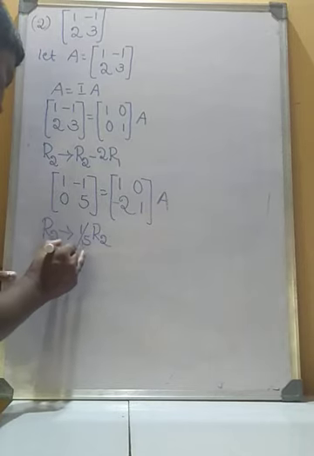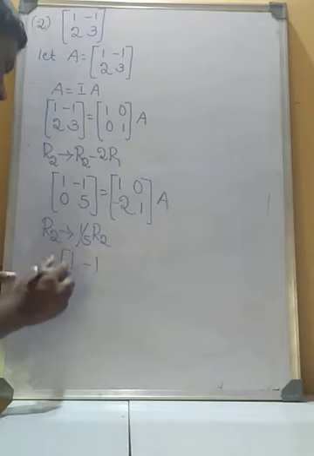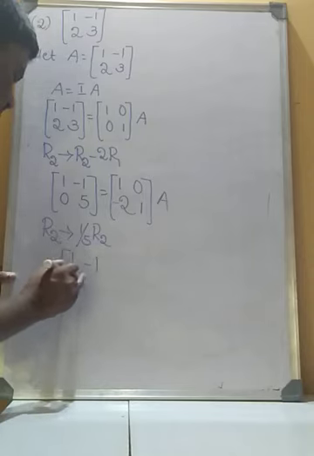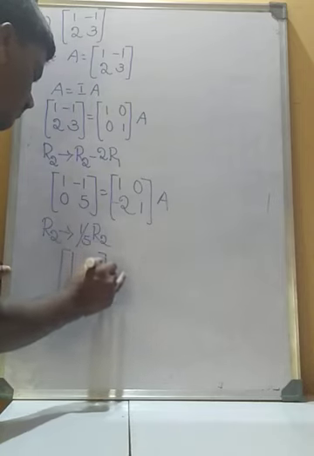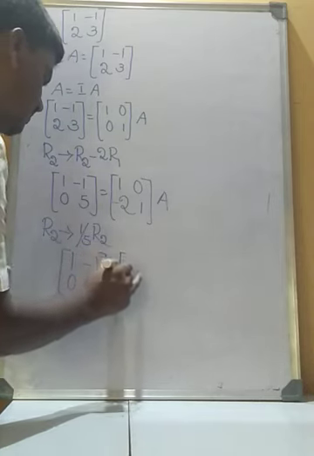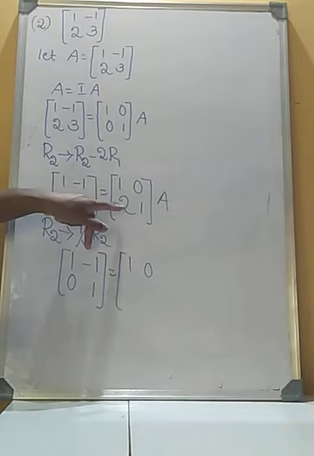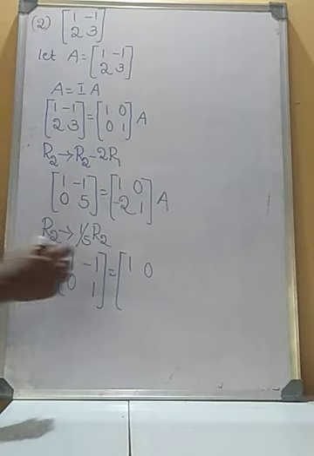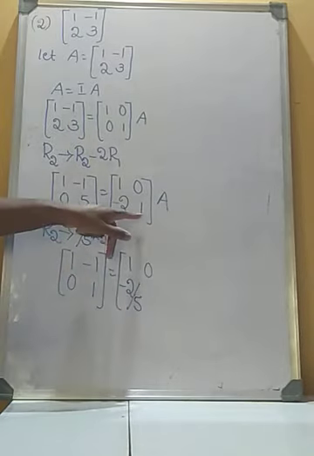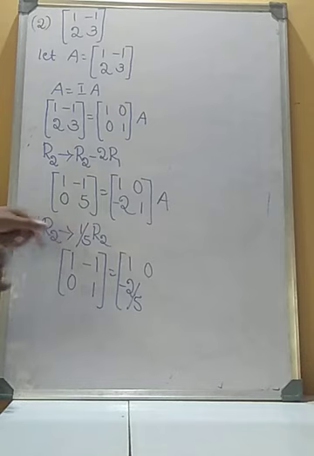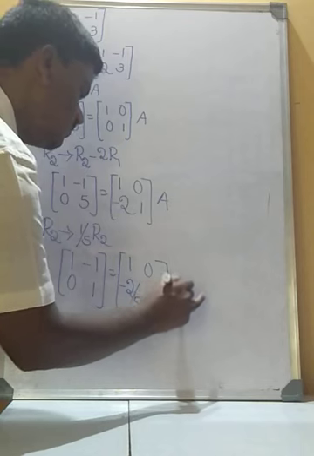So therefore, first row elements: 1 minus 1, 0; 1 by 5 into 0, 0; 1 by 5 into 5 becomes 1. Equals, right hand side: 1, 0 as it is; minus 2 into 1 by 5 becomes minus 2 by 5; 1 into 1 by 5 becomes plus 1 by 5, into A.